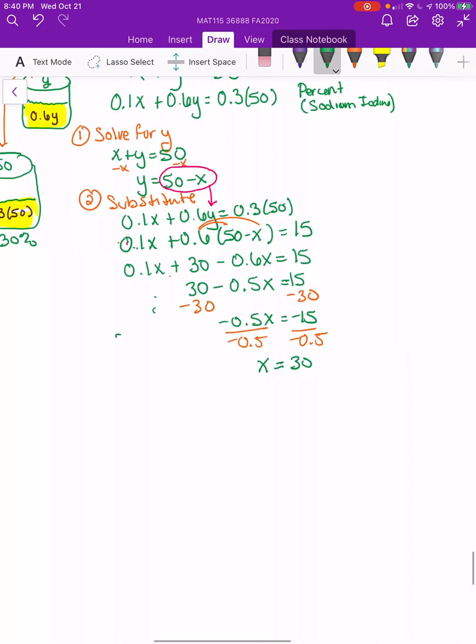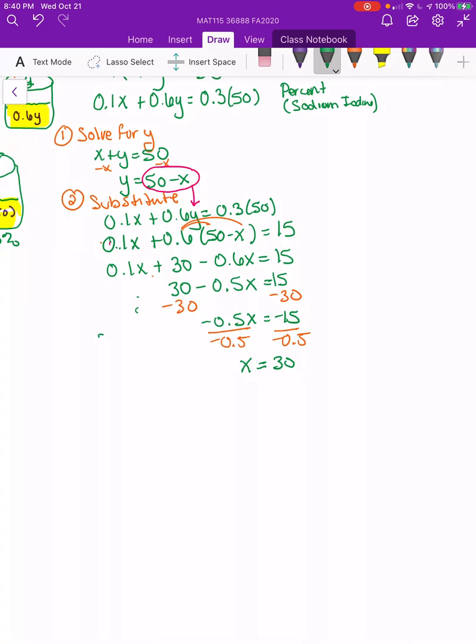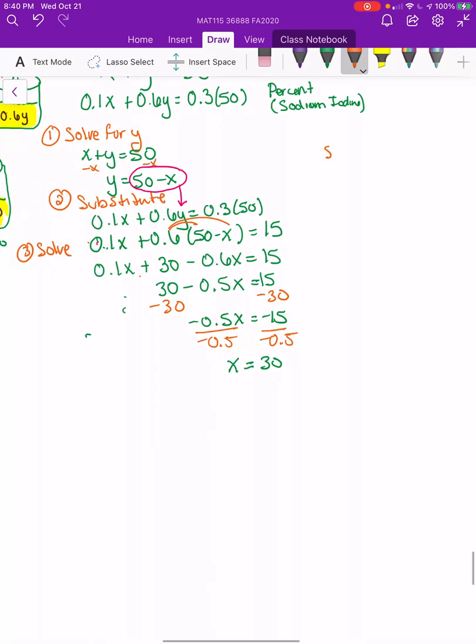All right, and then we're not done because remember we have to find both variables. Oh, by the way, this was step 3 to solve. So step 4, let me write it up here, just 4. Step 4 was to back substitute.